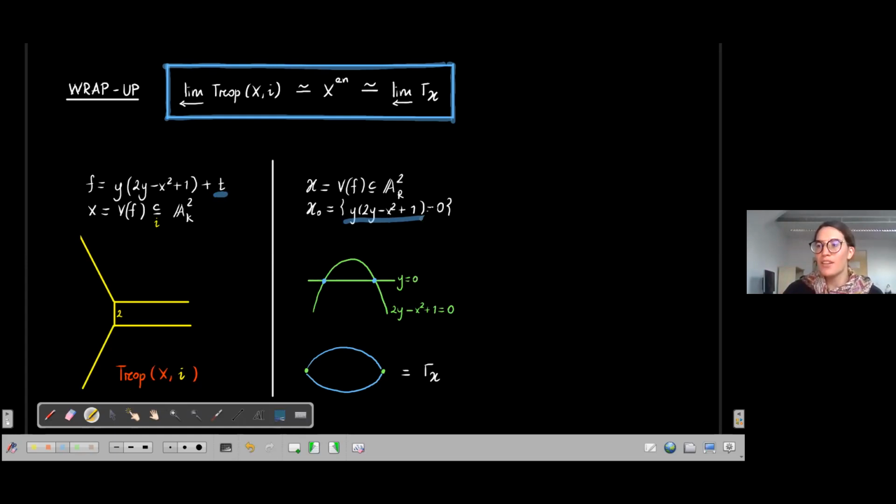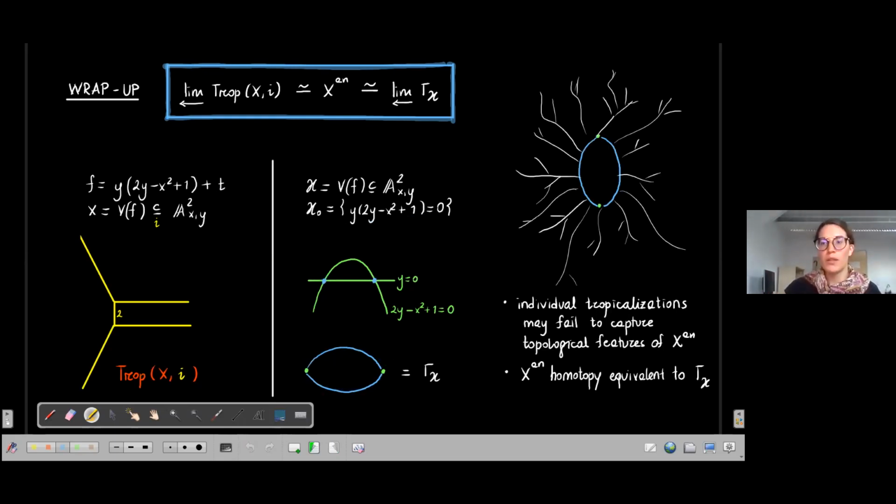Then the dual graph associated will have 2 components, but they meet in 2 points. So 2 nodes means that we need to consider not just one edge, but 2 edges, because we now have 2 nodes, 1 and 2. But then we have the result that the Berkovich space has the same homotopy type as the dual graph. So it means that the picture of the Berkovich space will be an S1, and then everything else is just something that can retract back to this dual graph.